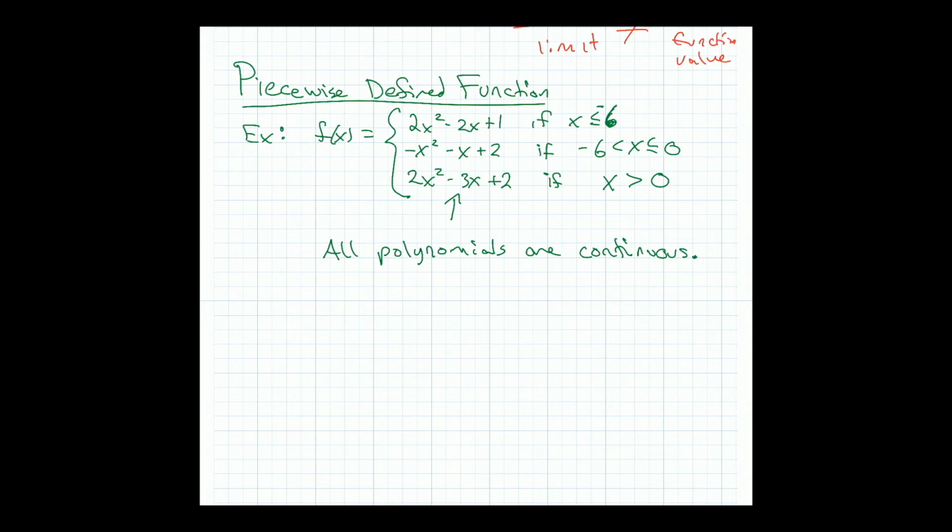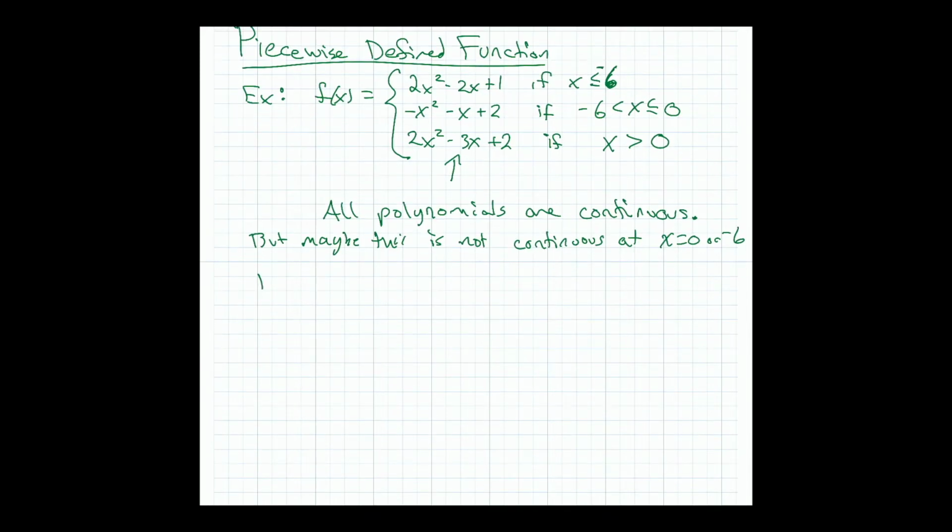Okay, but maybe this is not continuous at x equals 0 or -6, because that's where it jumps from one function to the other function. Now, I'm using the word jumps from one function to the other, but there doesn't have to be a jump there.